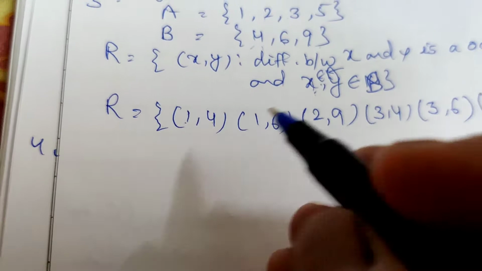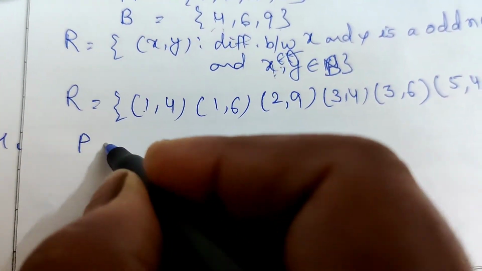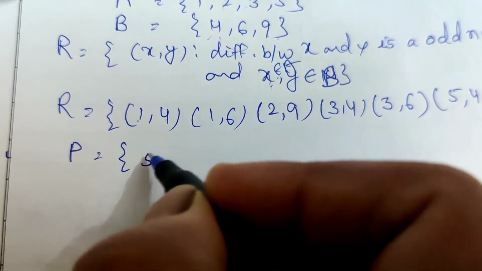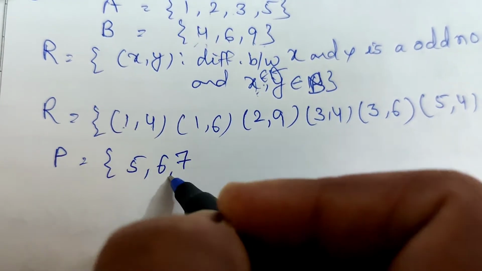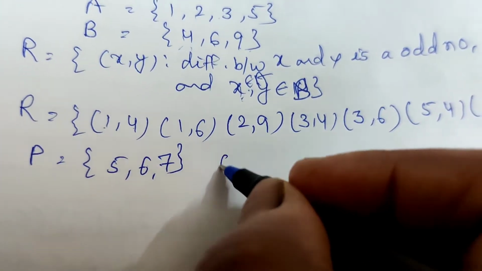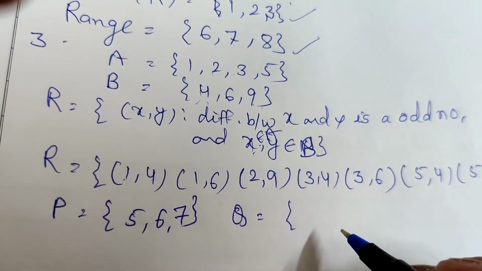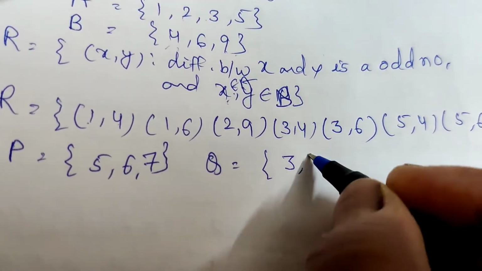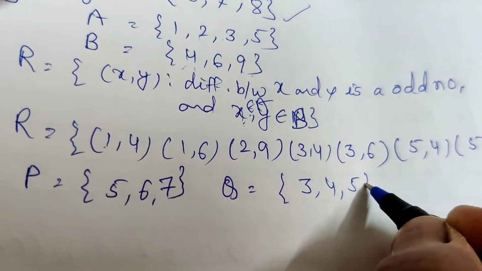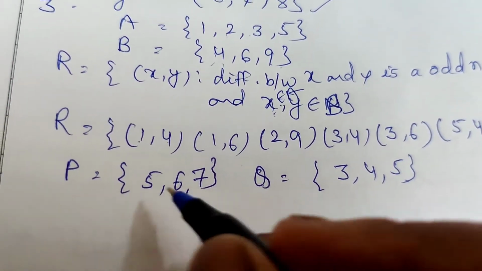Now the two sets, set P, the elements of P are 5, 6, 7. And set Q, the elements are 3, 4, 5. Okay. Now the set builder form.